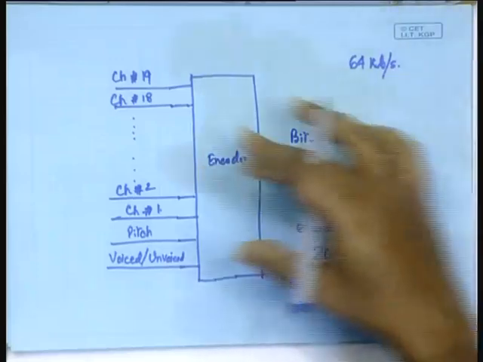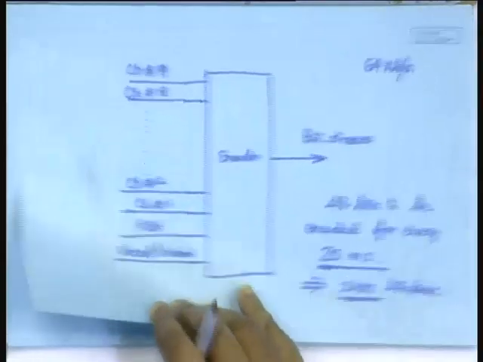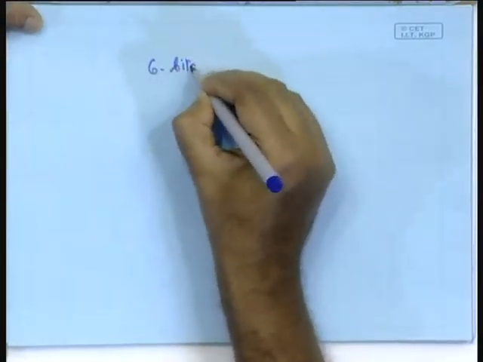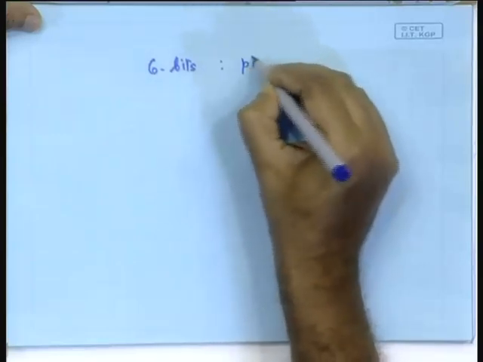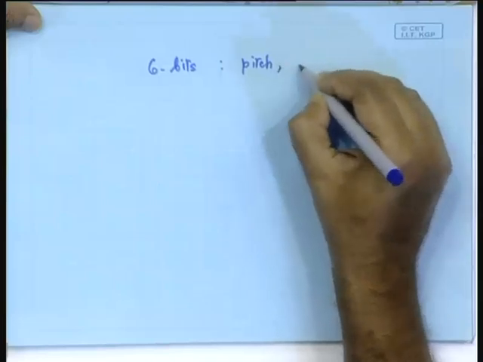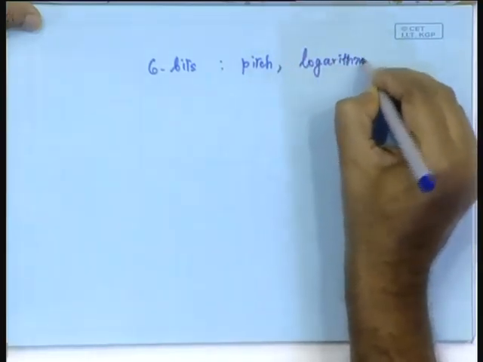And what is the division of these 48 bits? Well, it goes like this, that we have 6 bits allocated to encode the pitch information. So, 6 bits are needed for the pitch information encoding, and it is in fact logarithmically encoded.